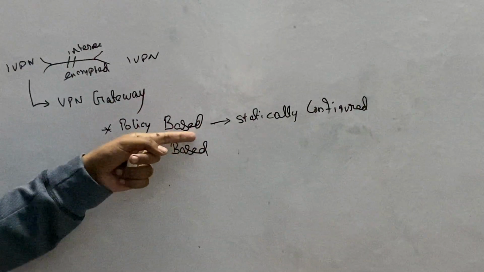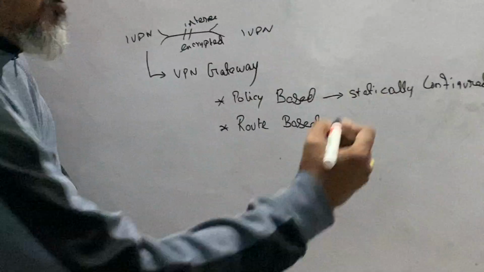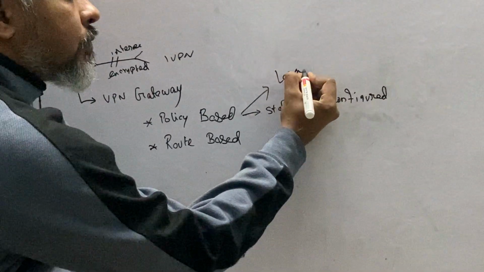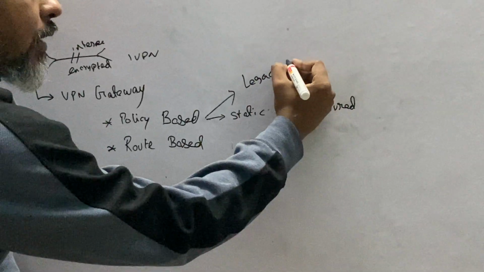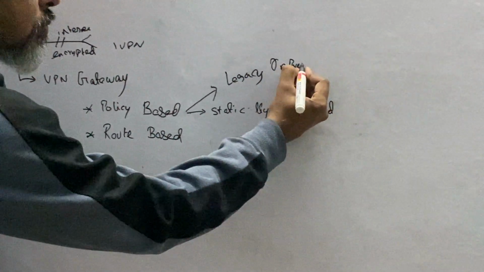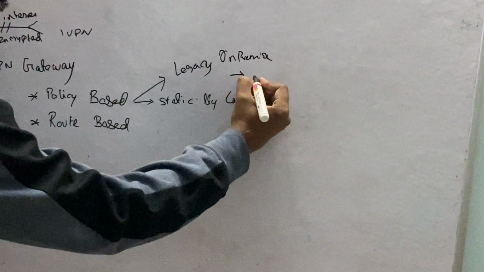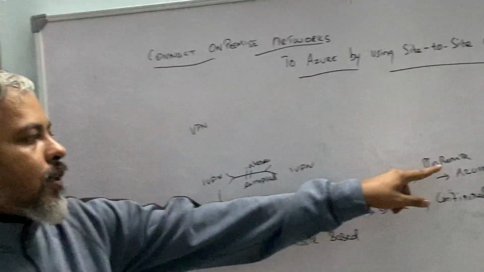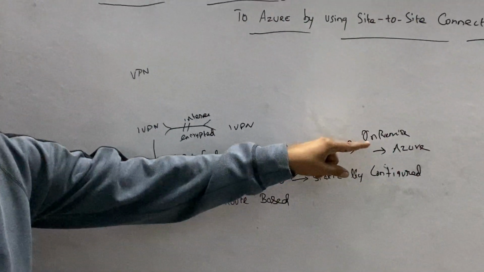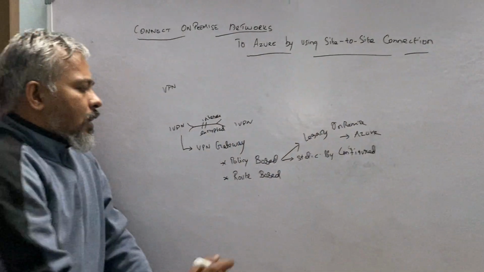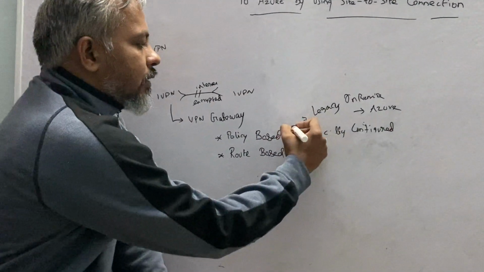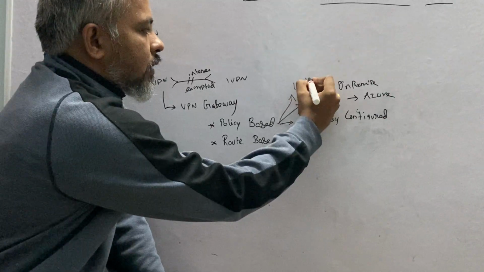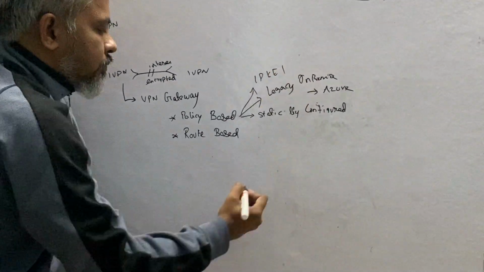It is useful when you are connecting your legacy on-premises network to Azure. Policy based supports IKEv1.